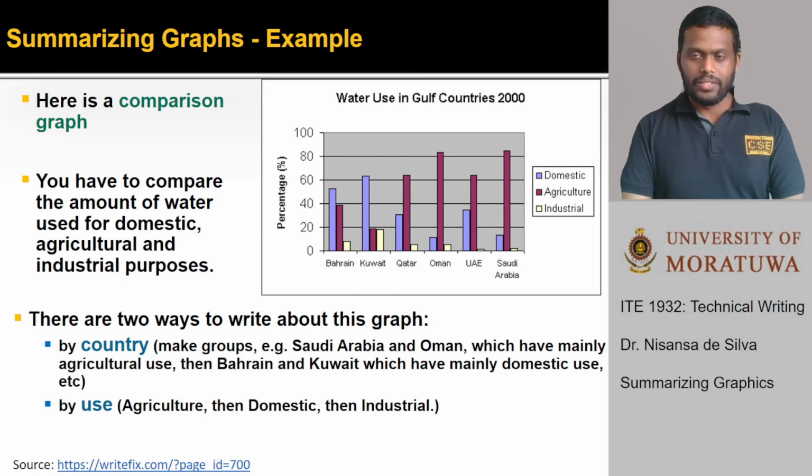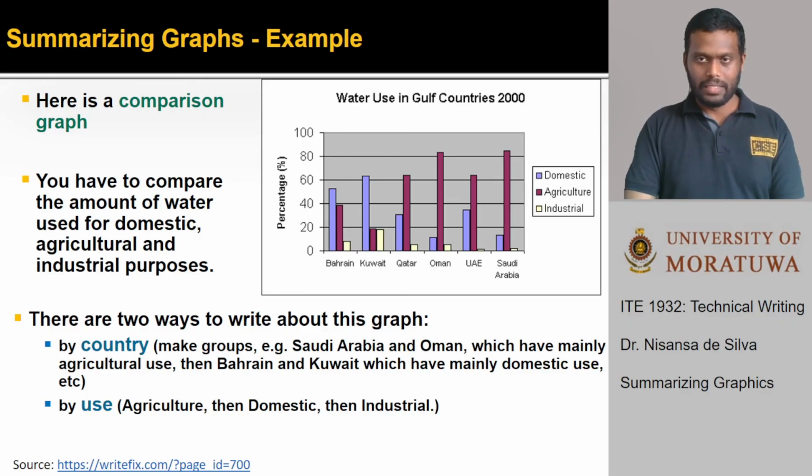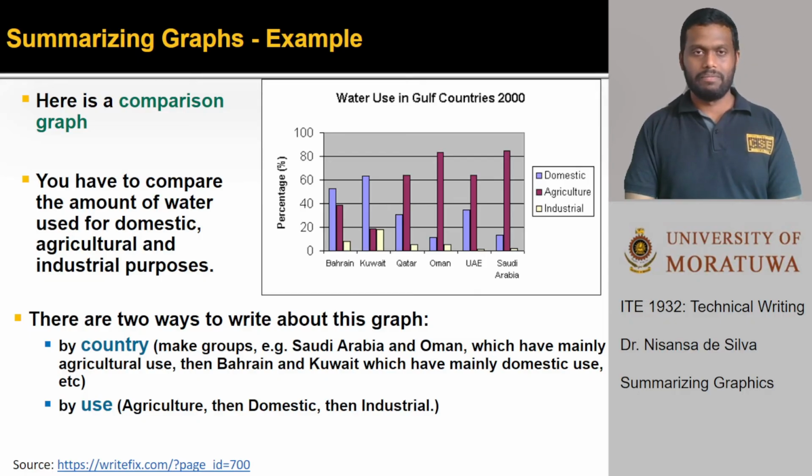If you decide to write by use, you could start with agriculture because it has the largest numbers. And in the second paragraph, maybe you can talk about domestic use. And finally, you can touch on the industrial use. Pause this slide here and write a summary by yourself.